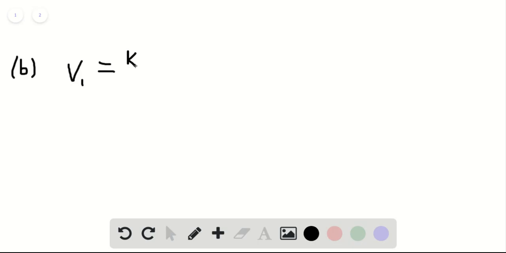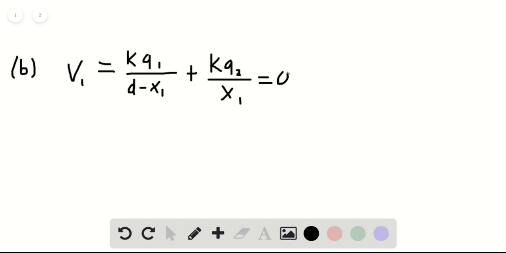K, which is 1 over 4 pi epsilon naught, times Q1 divided by D, the distance between, minus the position x1, plus K Q2 divided by x1. And of course, this is equal to 0.